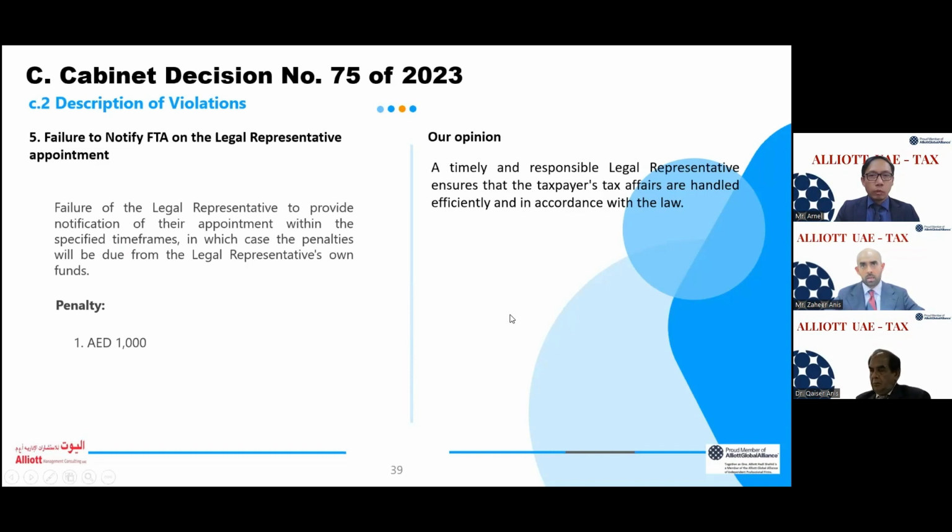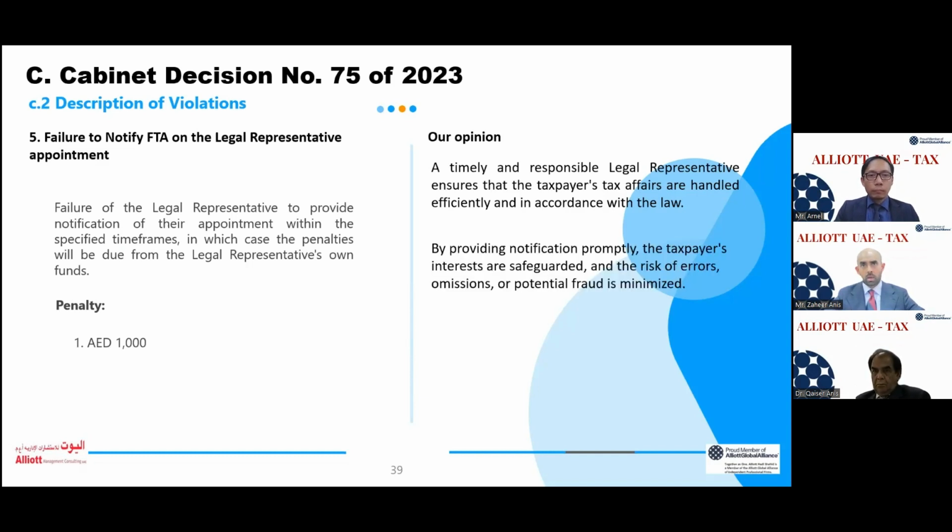Legal representatives should be aware of the need to ensure timely and responsible notification to the tax authority, so that interests are safeguarded and the risk of errors is minimized. So this is with respect to a legal representative appointment.